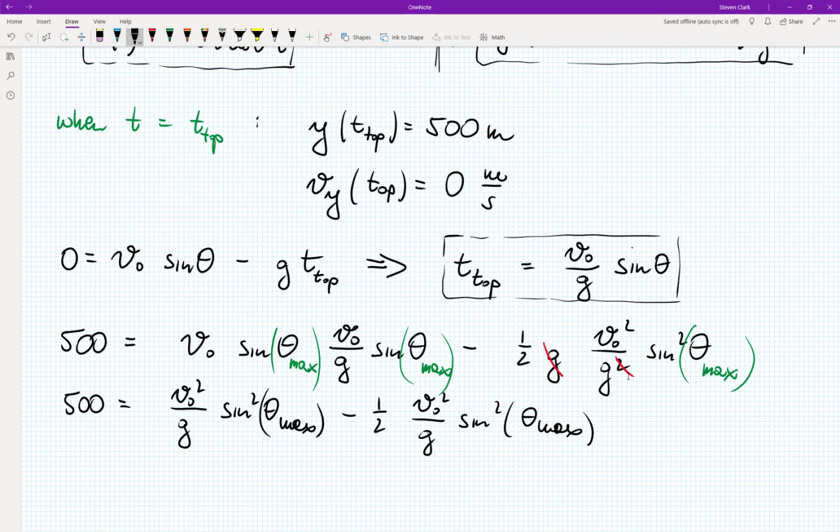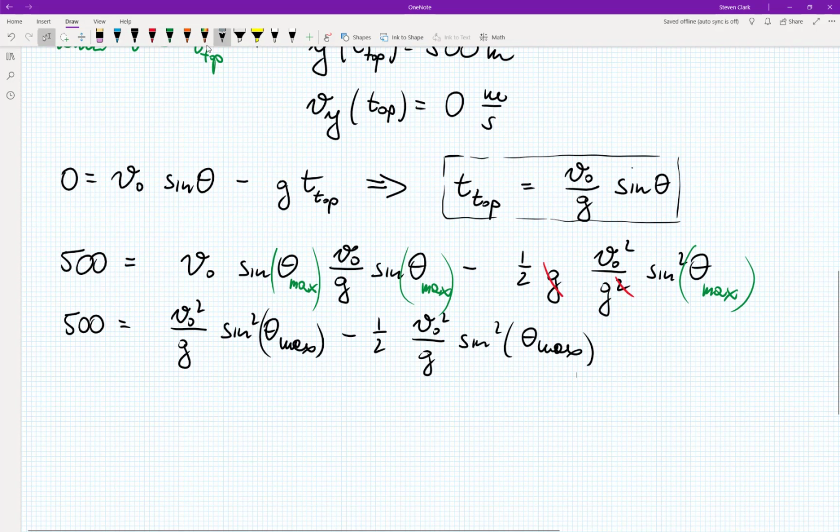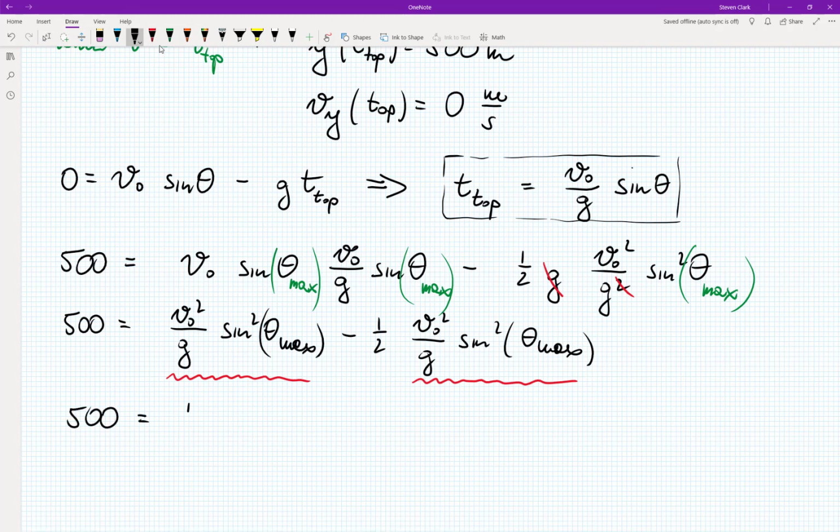And I can simplify it further. Do you see, guys, that in here we have something minus 1/2 of exactly the same thing? So this will be equal actually to 500 equals half V0 squared over g sine squared theta max.